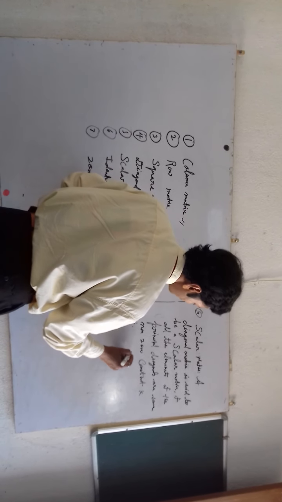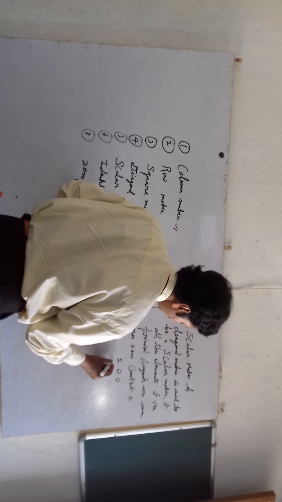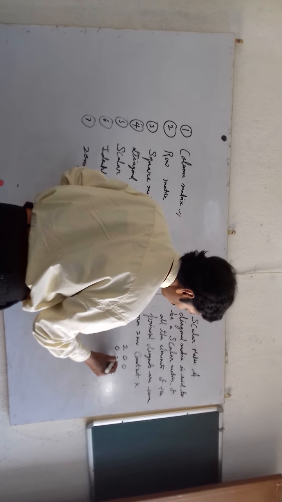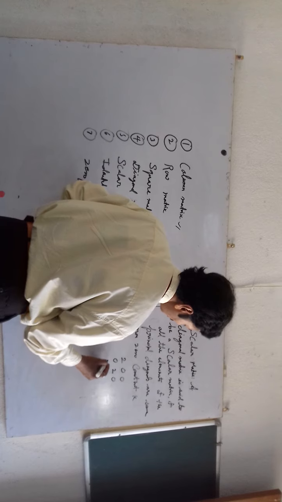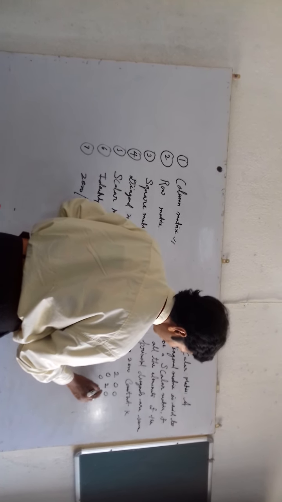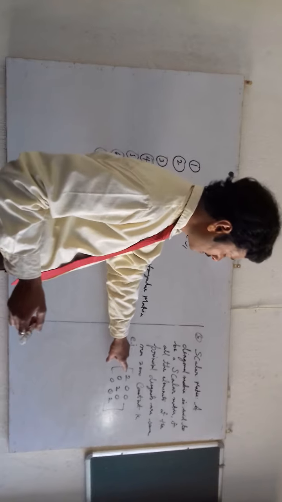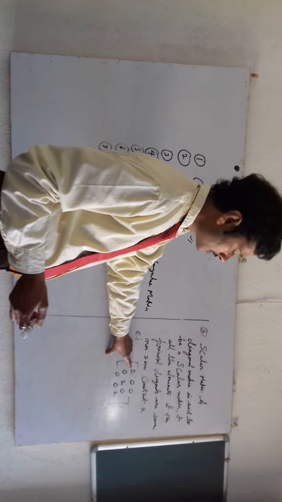The example is 2 0 0, 0 2 0, 0 0 2. Here you can see the elements of the principal diagonal are 2.